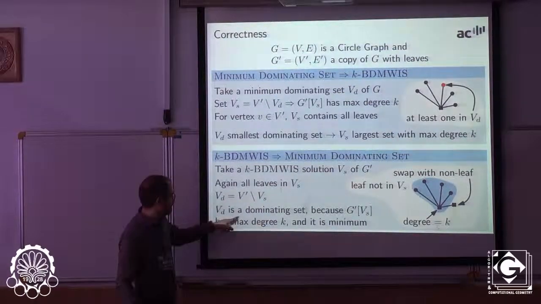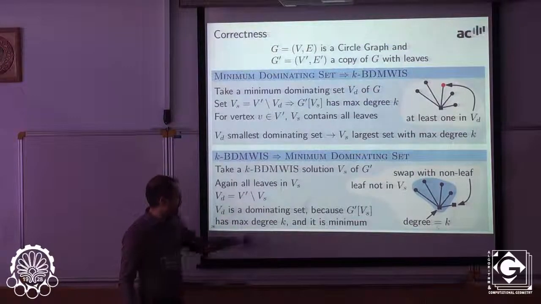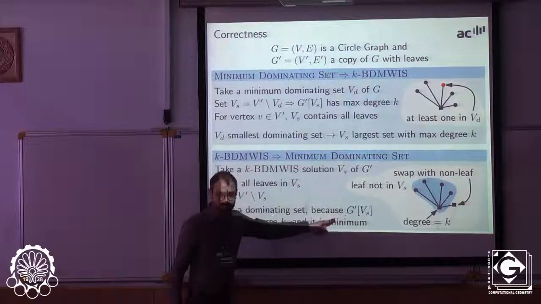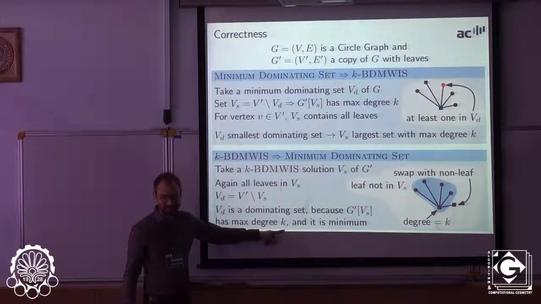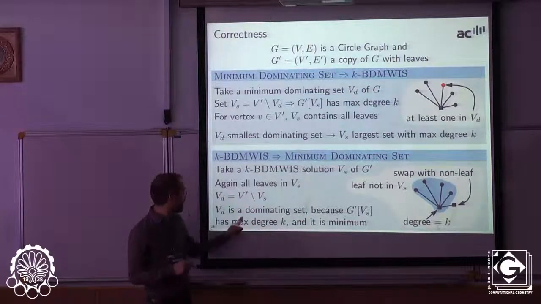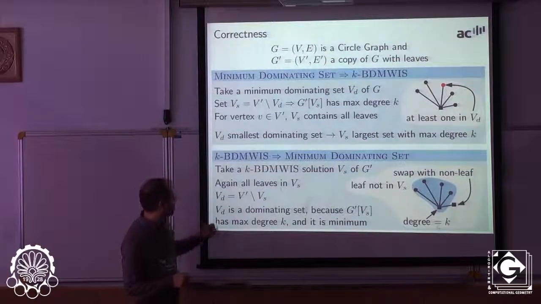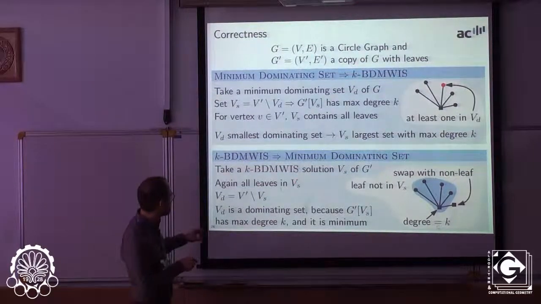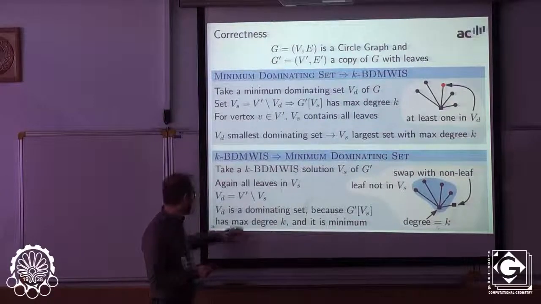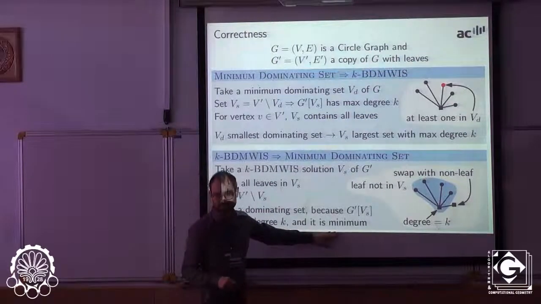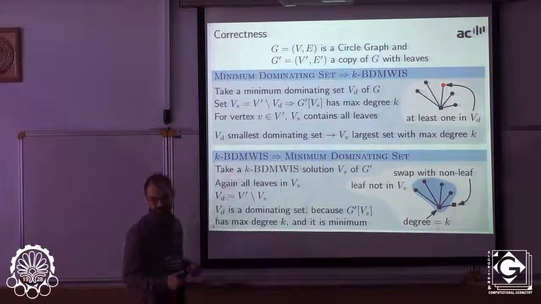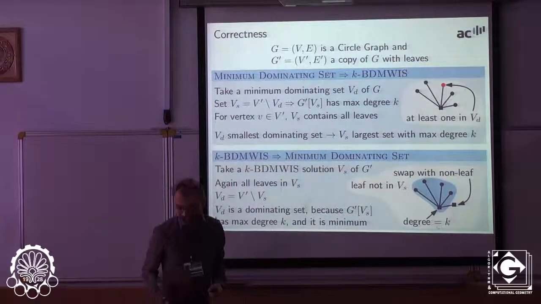And then this must be a dominating set, because the induced graph on Vs has maximum degree K. So every vertex that is in V is either in Vd or it has a neighbor in Vd. And because we maximize the cardinality of Vs, we know that Vd must be the minimum solution. If there existed a smaller one, we could have found a better solution for Vs. So that's a sketch of the correctness idea here.